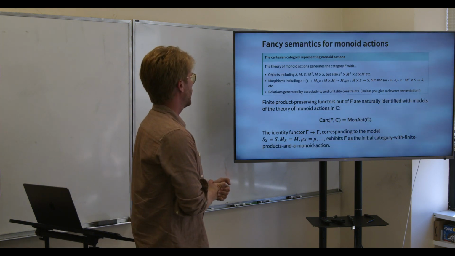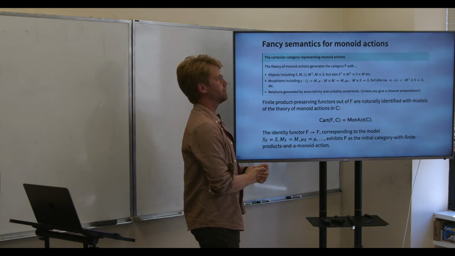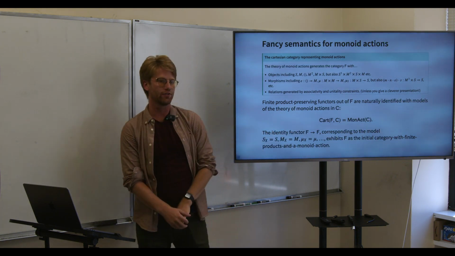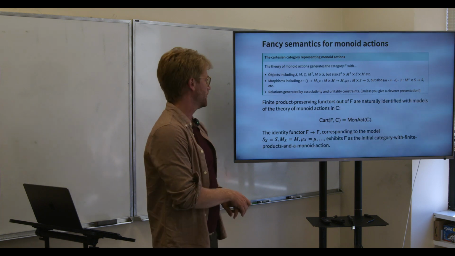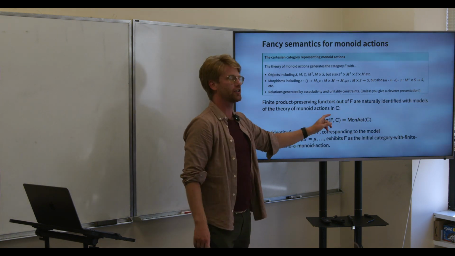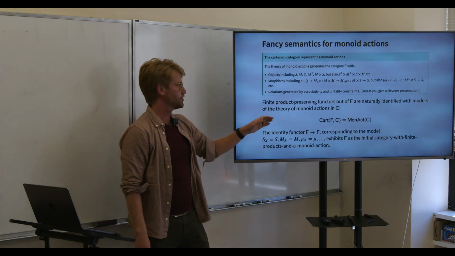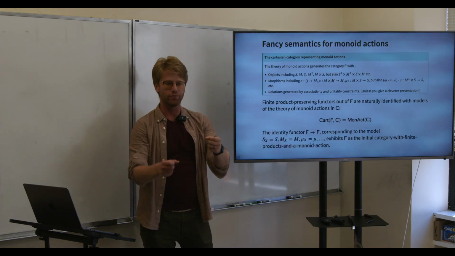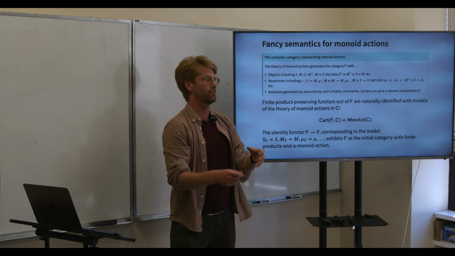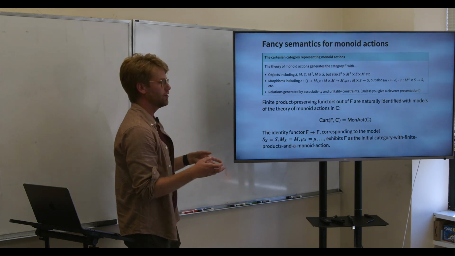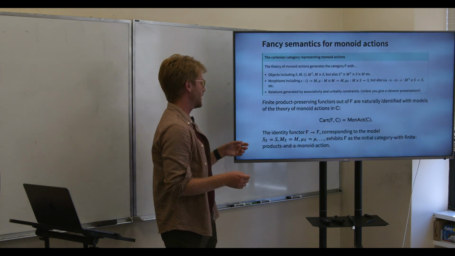Okay, and the big idea is that a model of the theory of monoid actions in a finite product category C is the same as a finite product functor out of this free guy F. Right, so we initially define monoid actions in terms of you choose an object M and you choose an object S and you choose a morphism M times S to S and blah, blah, blah. It's kind of manual and closely tied to the syntax.